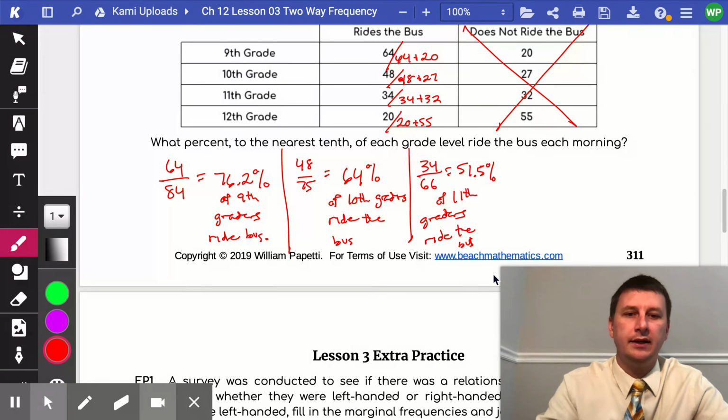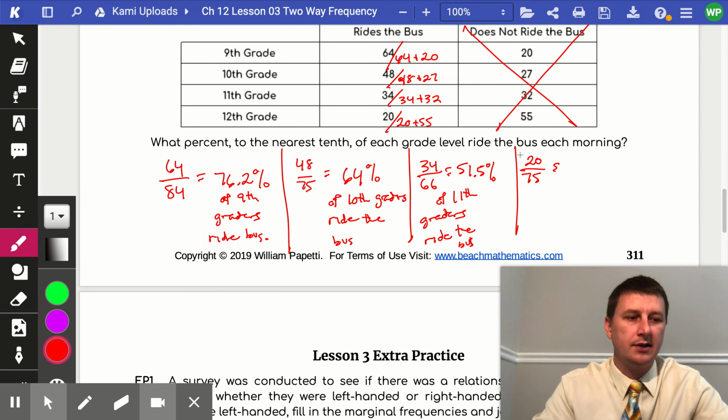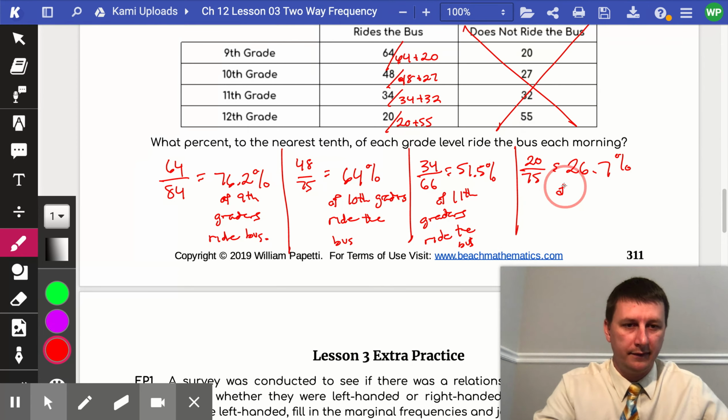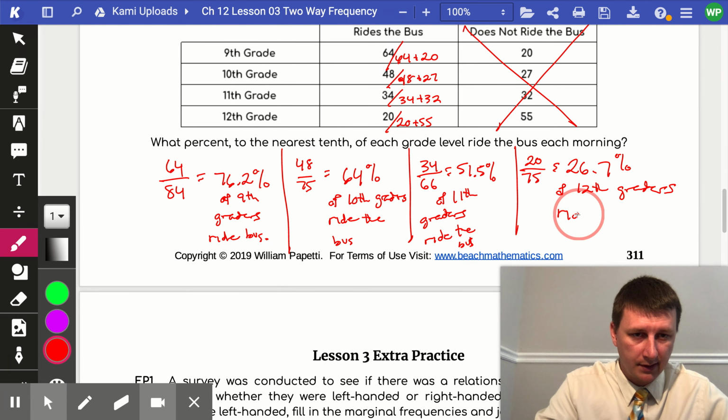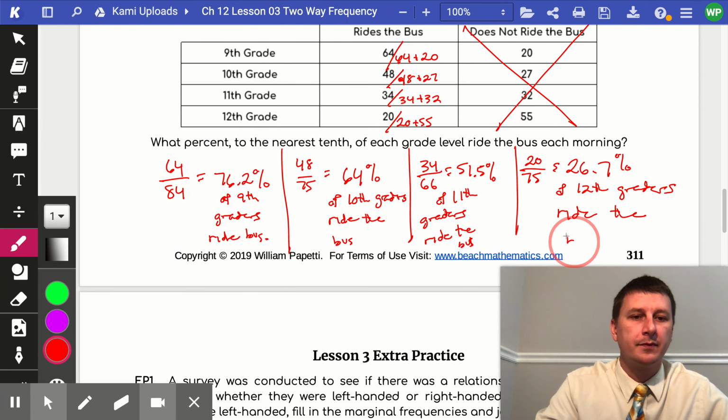And finally, we have our 12th graders. So we have 20 out of how many were surveyed? 75. And we want that as a percent rounded to the nearest 10th. So 20 divided by 75 is going to give you roughly 26.7% of 12th graders or seniors ride the bus.